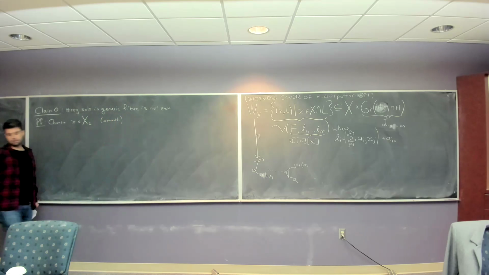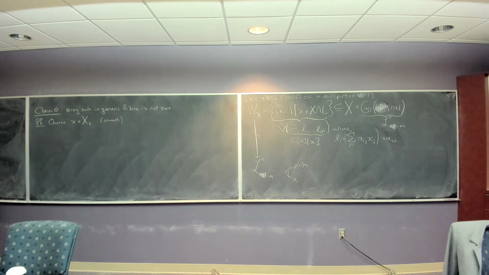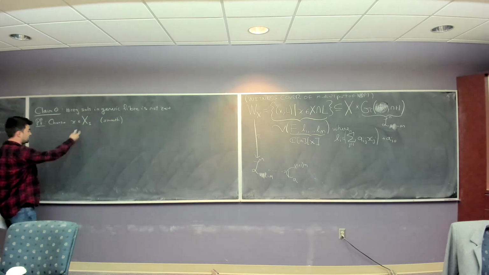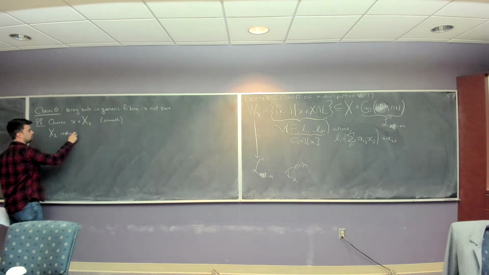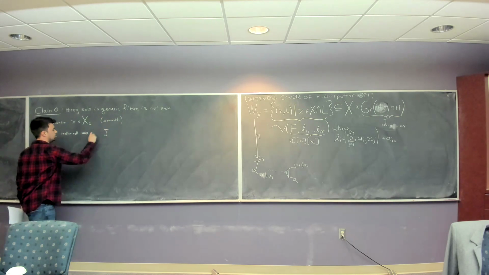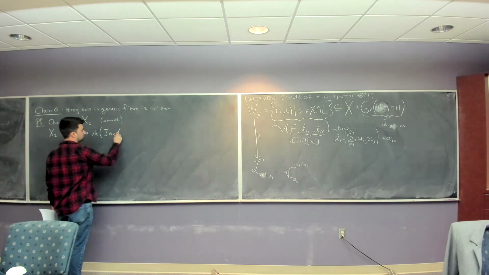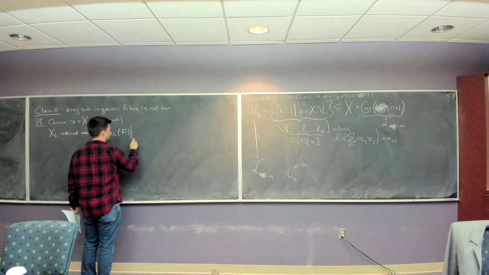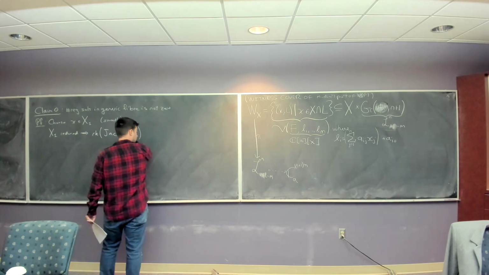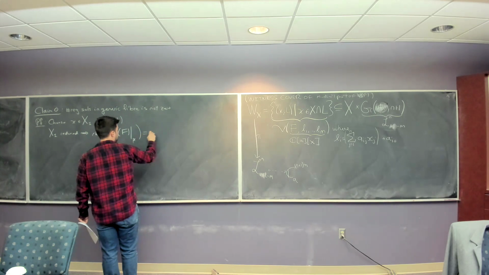Here's a smooth point on one of the irreducible components. Okay, since x1 is reduced, if we evaluate the Jacobian, we get something of full rank.